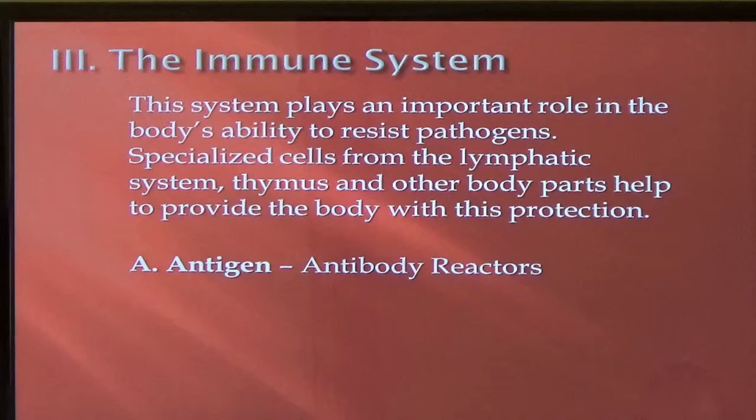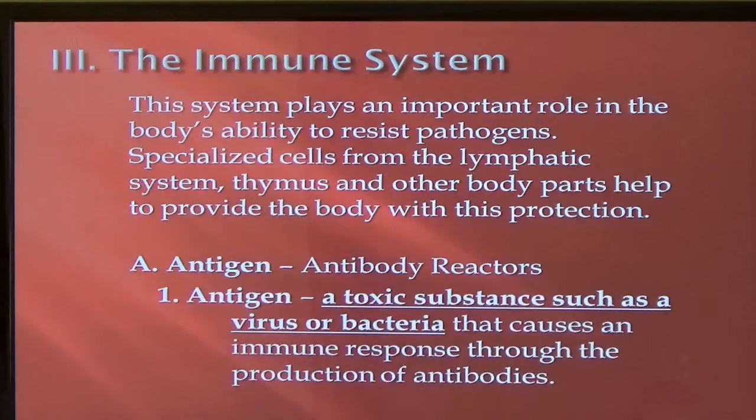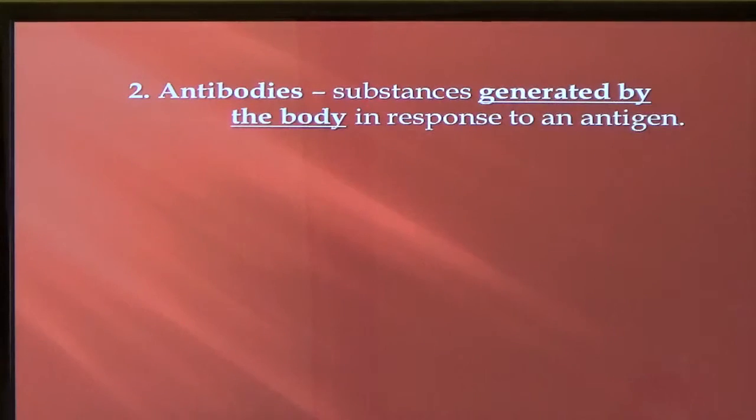We talked about you need a susceptible host, you need a virus or something that's strong enough to do harm. So an antigen is an antibody reactor, a toxic substance such as a virus or bacteria that causes an immune response through the production of antibodies. So the antigen is what's going to cause the harm. The antibodies are what your body generates to protect itself.